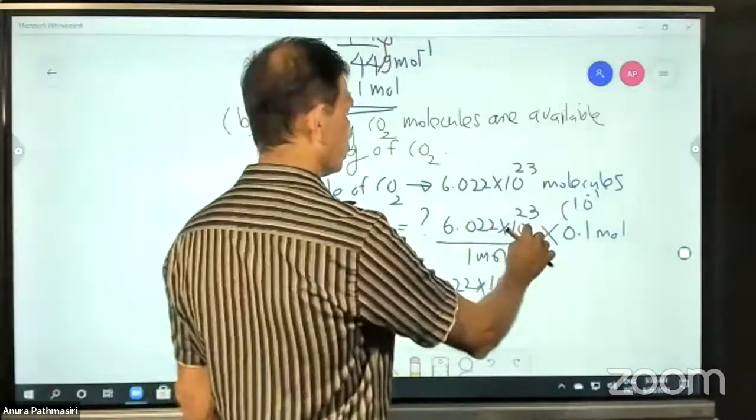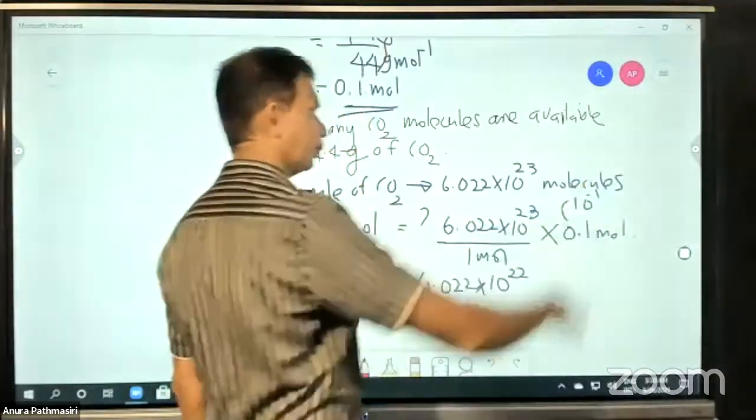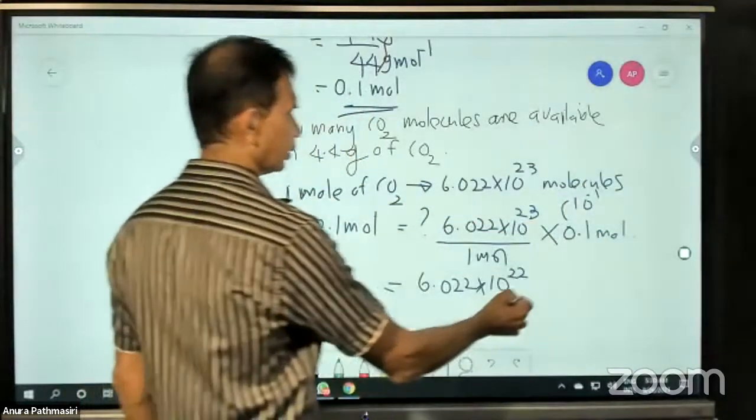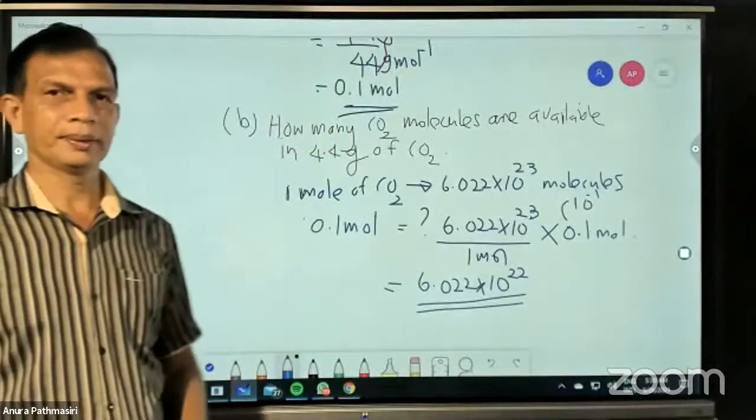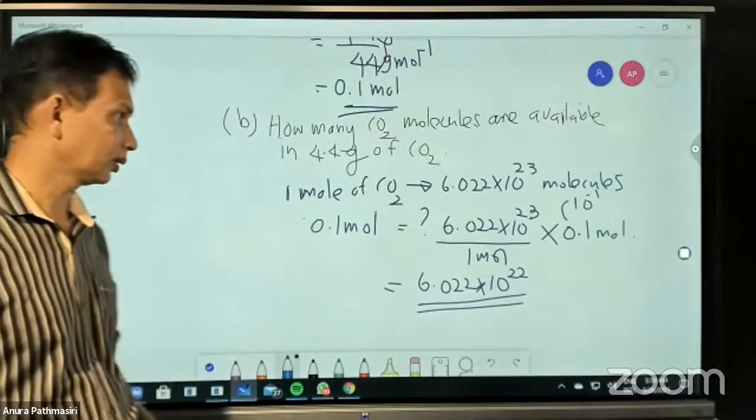That means you have to take away 1 from the exponent, and this many molecules are available.